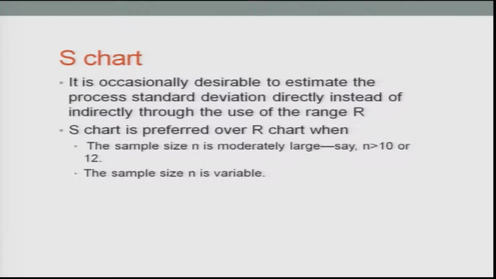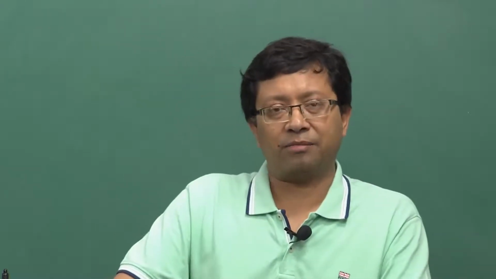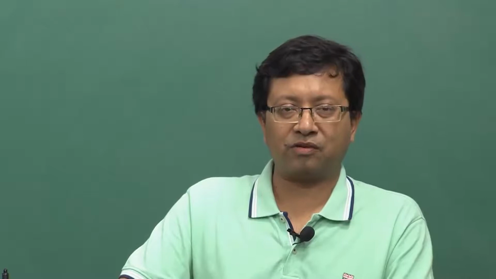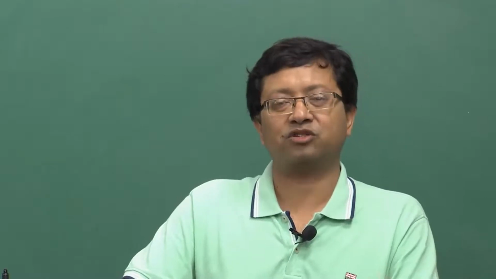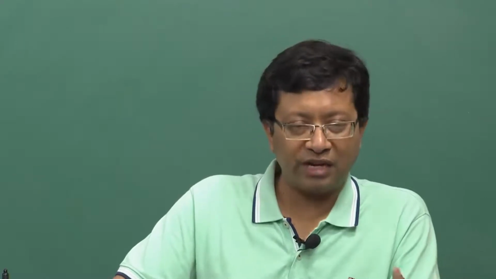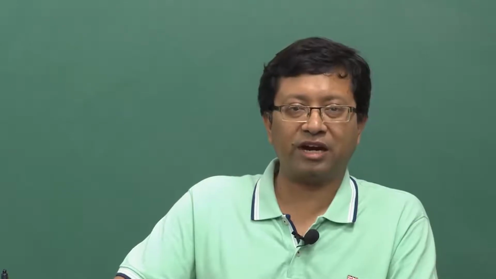For instance, at 9 o'clock in the morning I am able to take 7 observations, then about 1 hour later, at 10 o'clock, the sample size has increased to, say, 20. If it keeps fluctuating, then using S makes much better sense than using R.